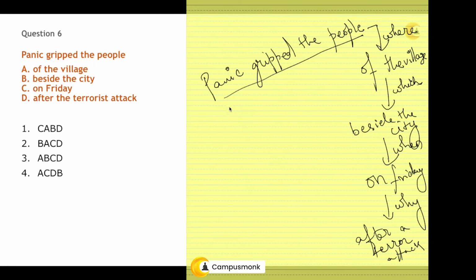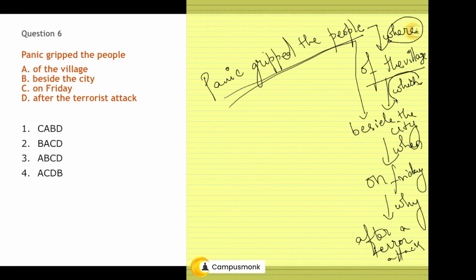Okay? So there is a pattern always. So where? First when you hear that panic gripped the people, you will ask kahan pe, where? Where did that happen? Then someone will say of the village. Which people of the village? Village people were having panic attacks. They were getting gripped by the panic, the fear of something.